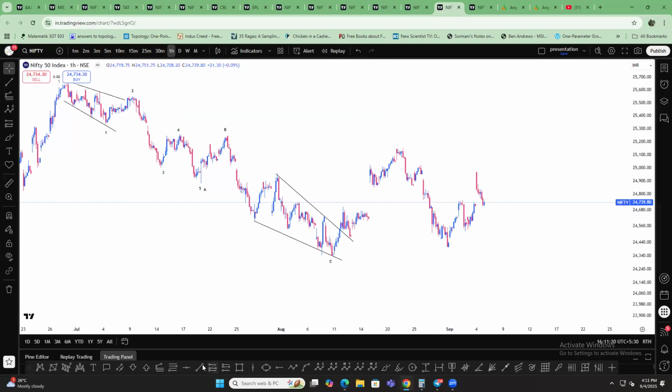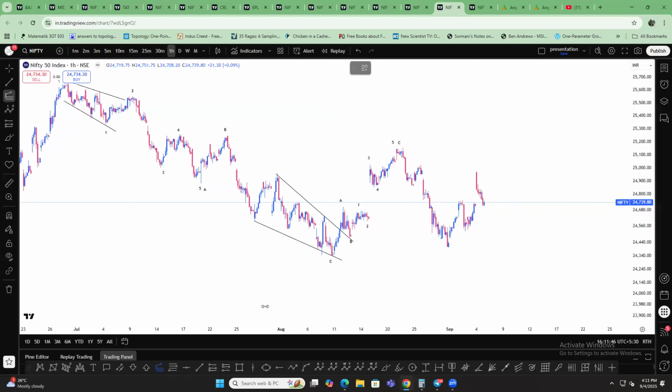So here see, this is not 1, 2, 3, 4, 5. This is actually A, B, and C. Okay. In C, we have 1, 2, 3, 4.